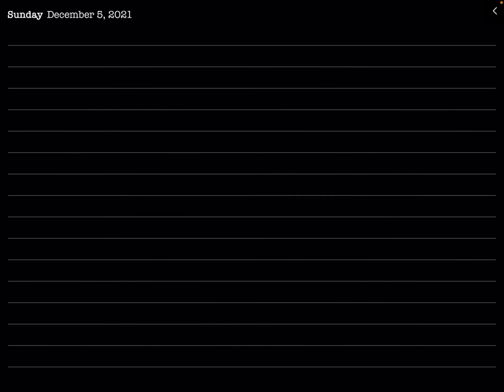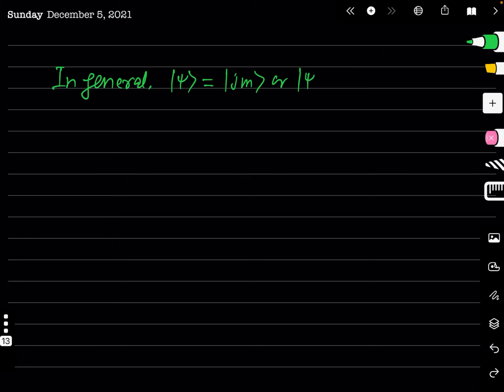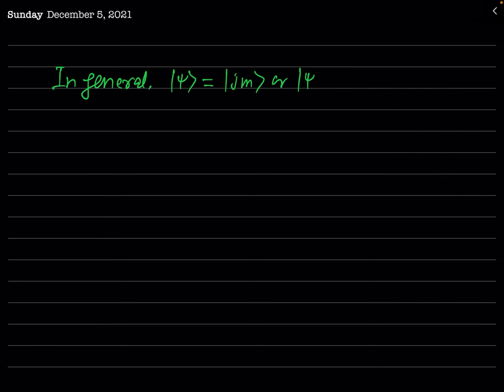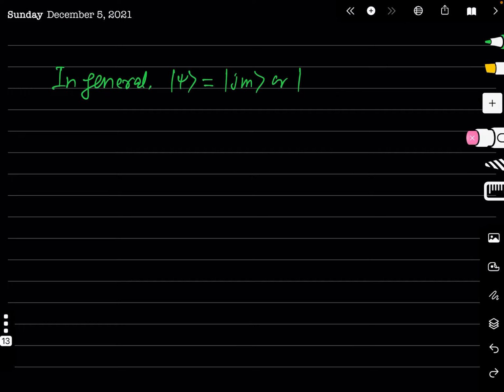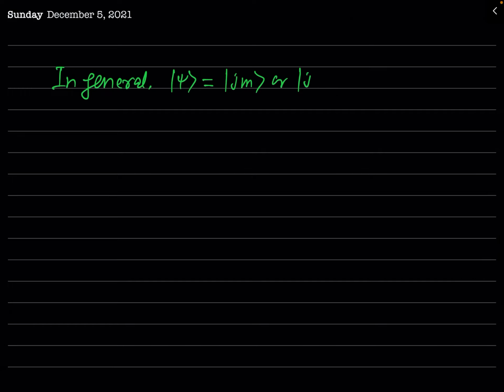So in general, this state ket psi is written by the symbol ket jm, or you may also write it as ket j comma m.